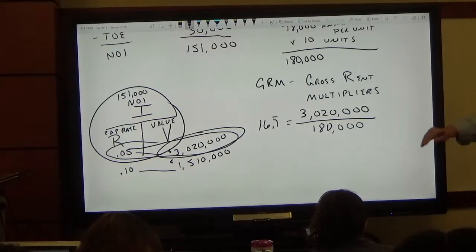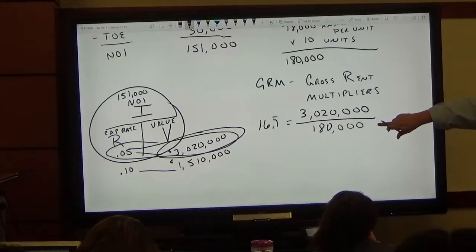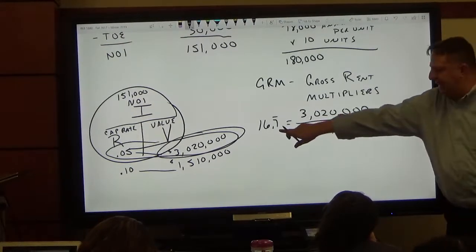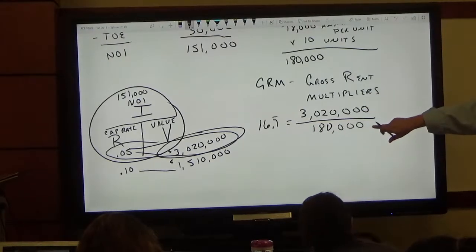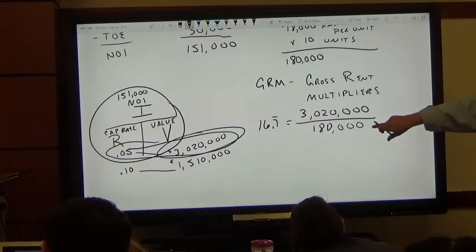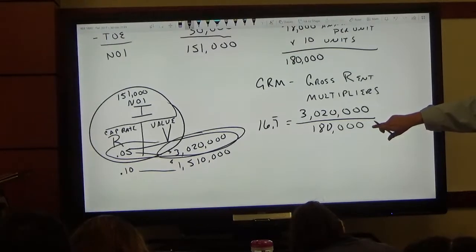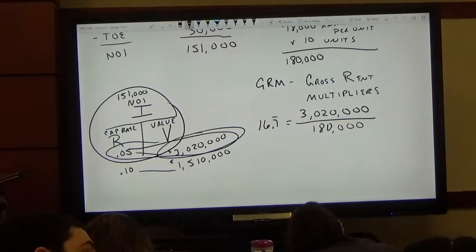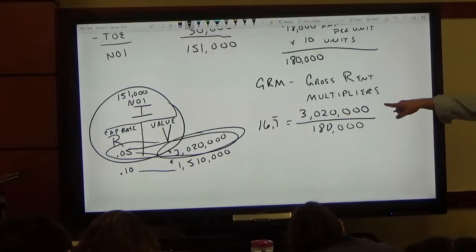You're doing the same thing here. You're simply saying this property is selling for 16 times its potential earnings or revenue. Does that make sense? Relative to its purchase price. Relative to the value or purchase price, okay?